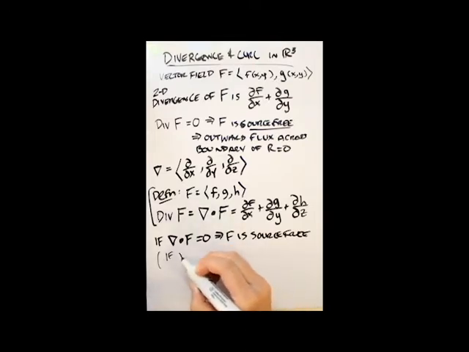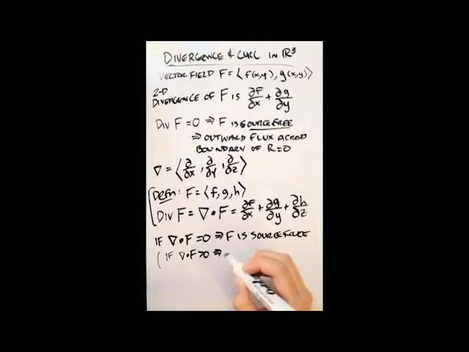If this divergence is positive, then F acts as a source in R, in our region.